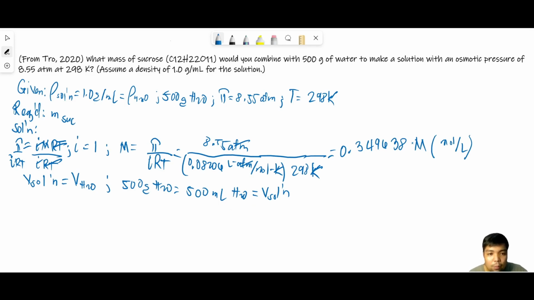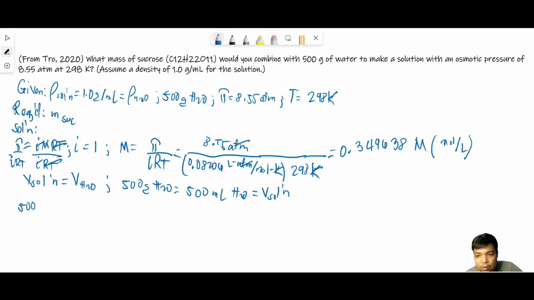So we use that and the molarity of your solution to get the grams of your sucrose that is needed in this problem. So we have, let's write first the volume of the solution, which is 500 ml.